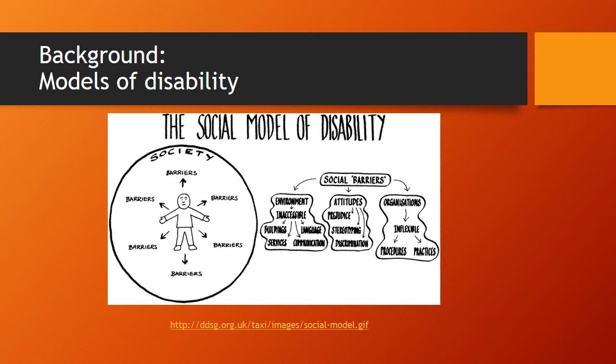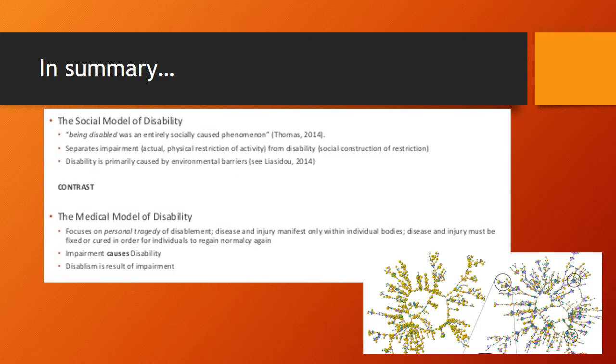So just the summary of this: the social model says that being disabled is totally socially caused, so it takes the impairment, which is the physical portion, out of the disability, which is the social context and construct. So the disability is primarily caused by the interaction of the person with the environment.